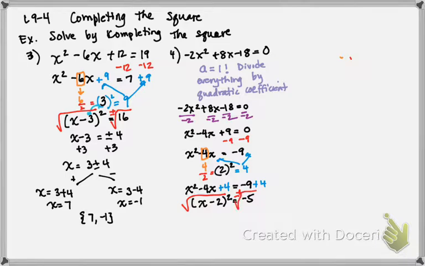And then we run into a little snag. And that's that guy. And we can't take the square root of a negative. So this is an answer where we actually get no solution in the real number system.